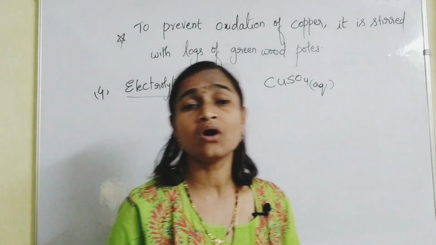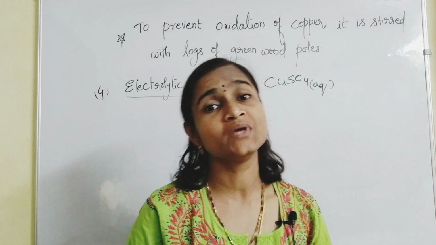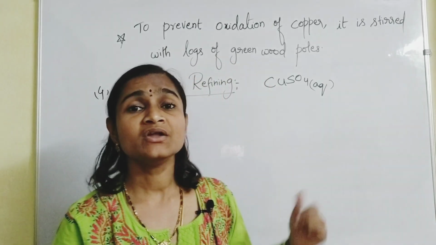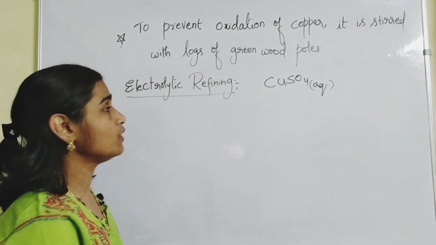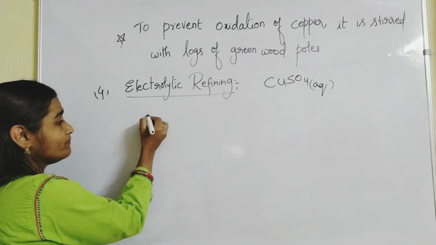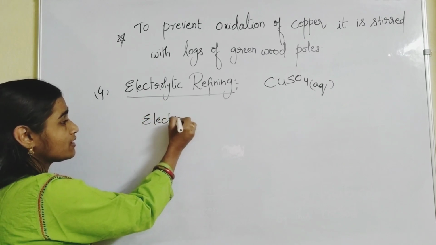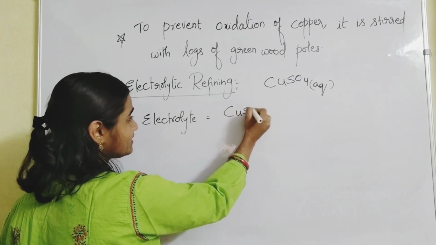Generally, in ore dressing methods, we have taken molten. Here you can take aqueous copper sulphate as electrolyte. Electrolysis means you require one electrolyte. Here the electrolyte is copper sulphate.